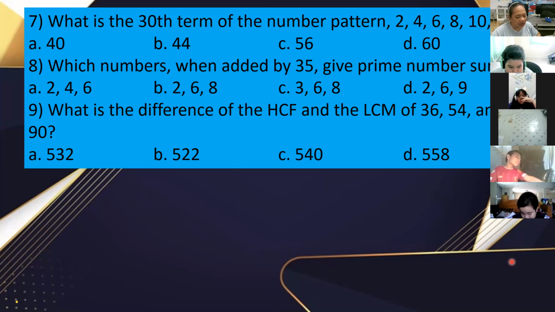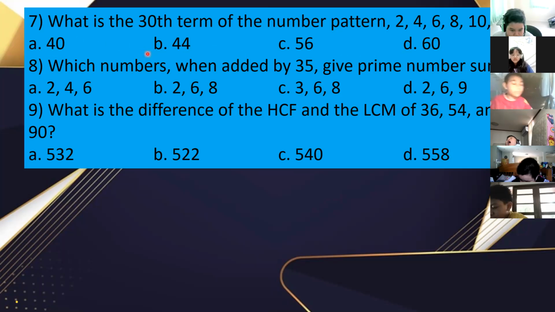Okay, your answer is 40. 30. 40? Are you sure? D. D. B. 60. So T answer is A. Who answered B?